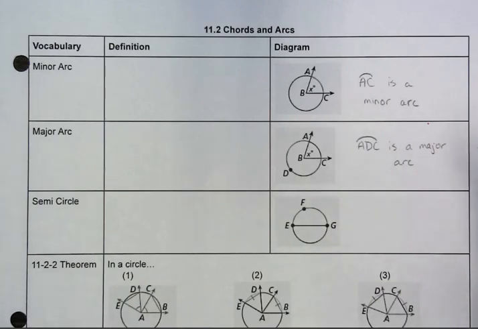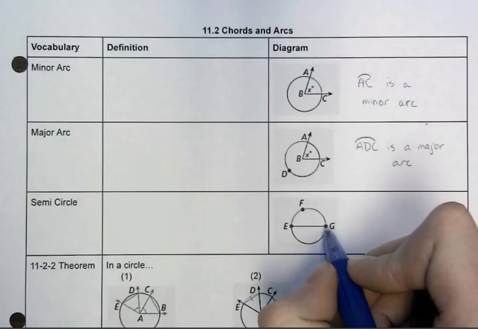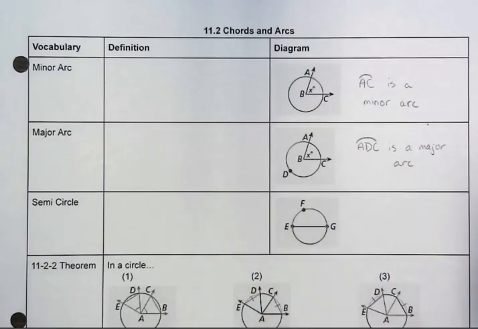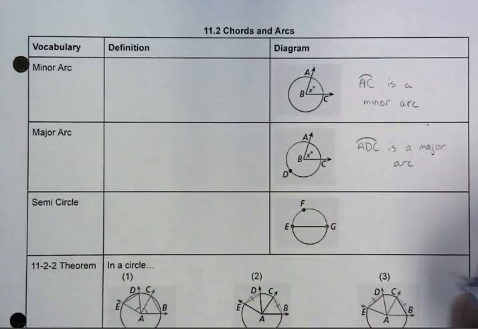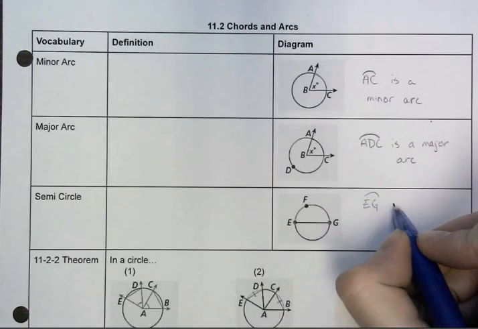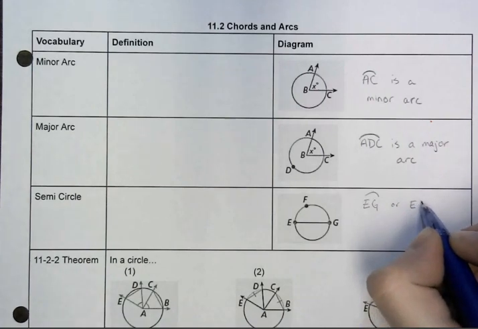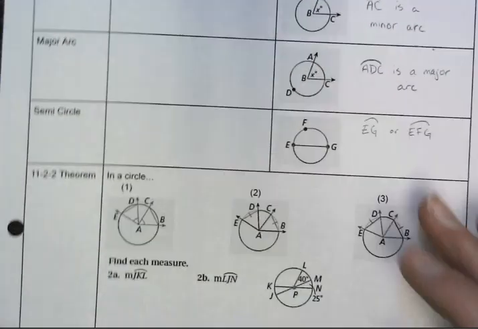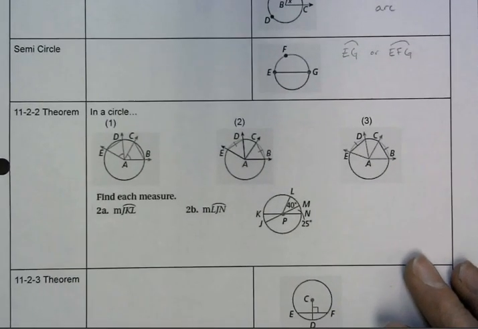It's the endpoints of an arc that lie on the diameter of the circle. So this is a diameter. The arc that goes with the diameter is the semicircle. So again, we could notate this way, or we could say E, F, G, and those would both indicate the semicircle arc.